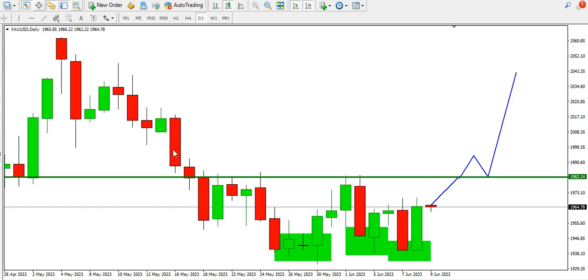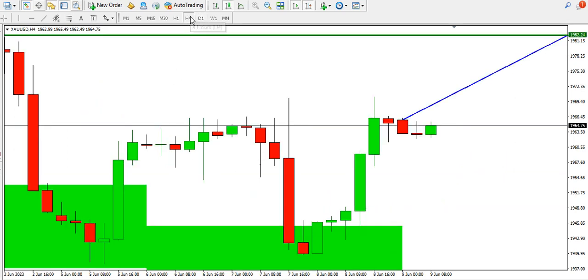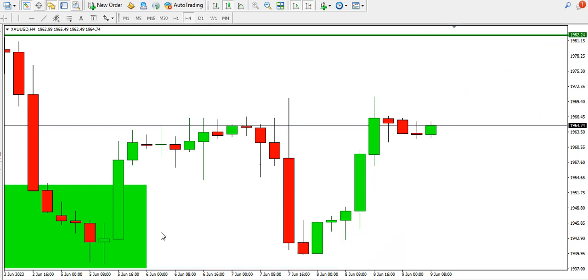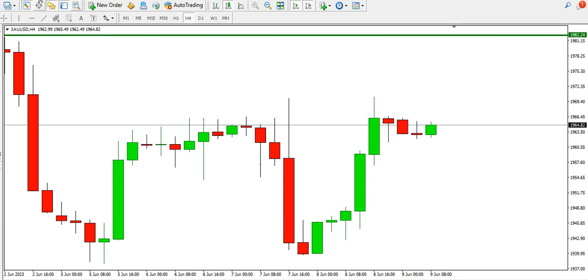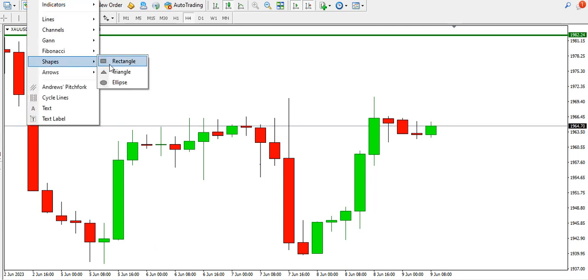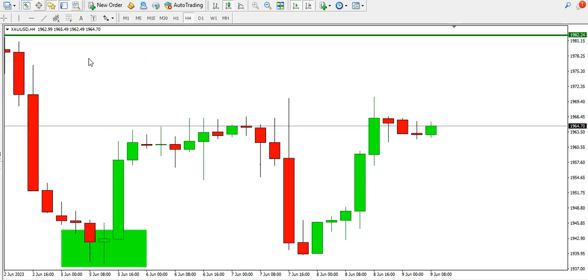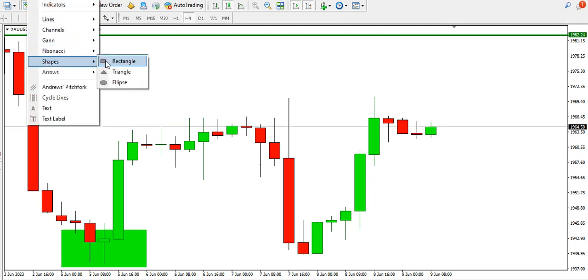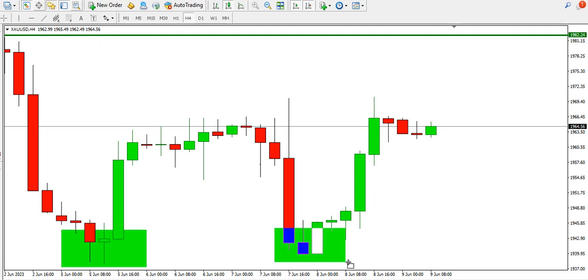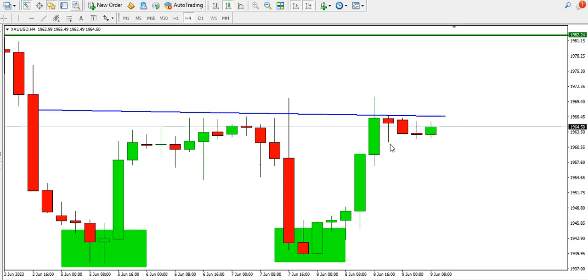Okay, but that's just the forecast. All right, so let's take a look at what we have on the 4-hour time frame. On the 4-hour time frame, we have this double bottom. We can see this is the first bottom, and this is the second bottom. So price is currently at the neckline of the double bottom, and we expect a break of this particular neckline.